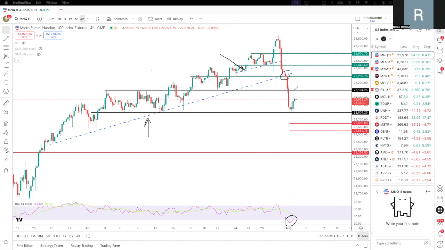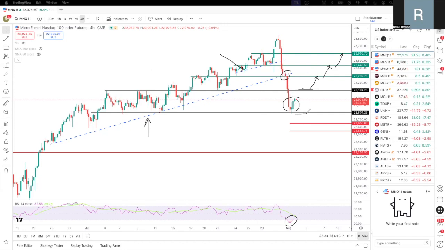But I would think that once Nasdaq 100 crosses about 23,100 here, then we can see the upside of 23,300, 23,450, 23,600. Right now, futures are up almost 0.4%. We need to see in the morning how the data and the numbers look.